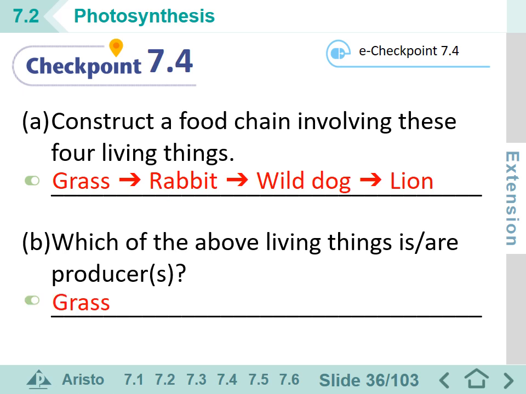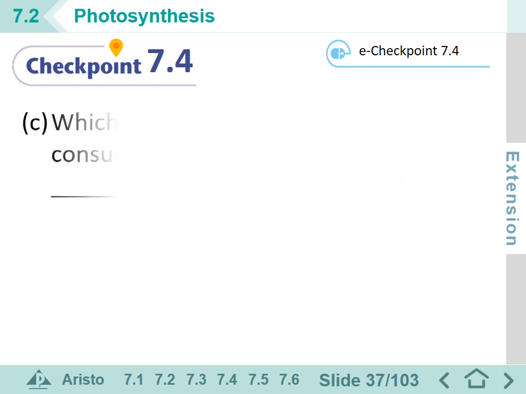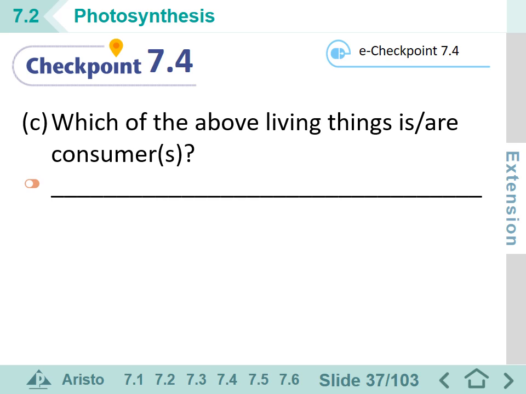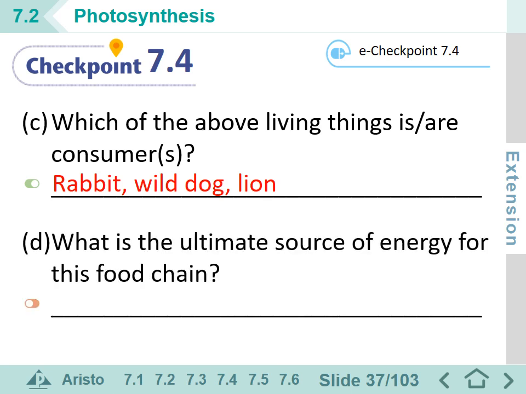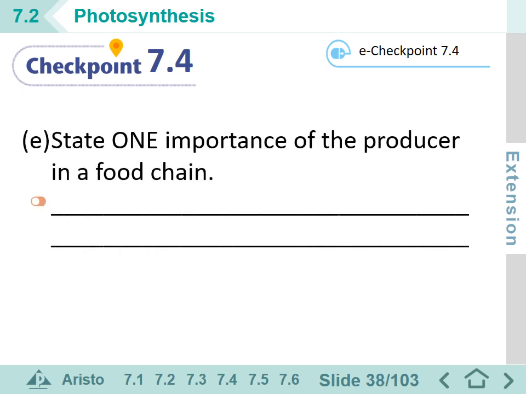The grass. Which of the above living things are consumers? What is the ultimate source of energy for this food chain? State one importance of the producers in the food chain.